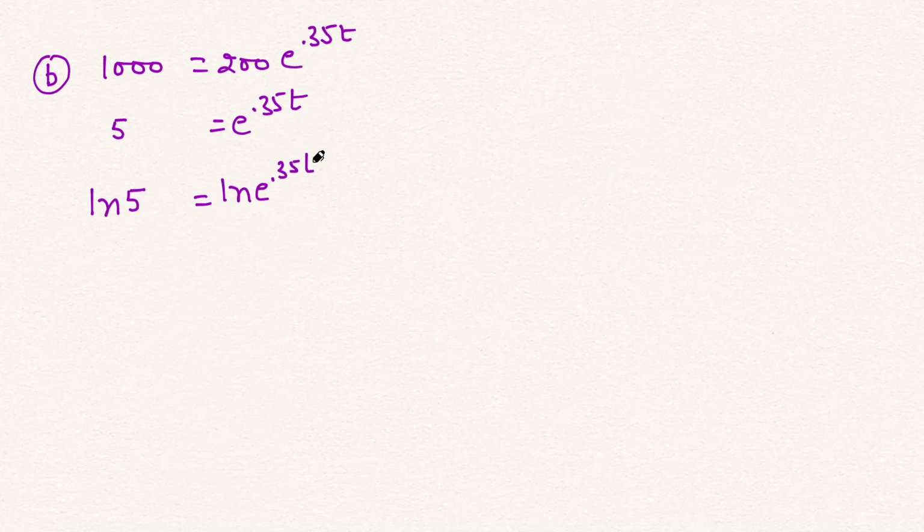Right? Why so? For example, let's do a property: log of m raised to power n. This n is on m only, not the whole, be careful about this. Then this is equal to n log of m. That is the property. Now I am going to apply it here.